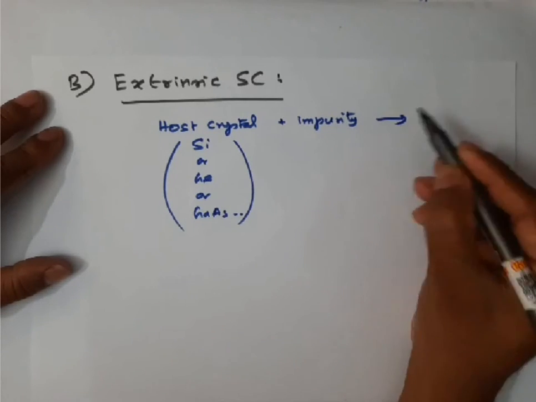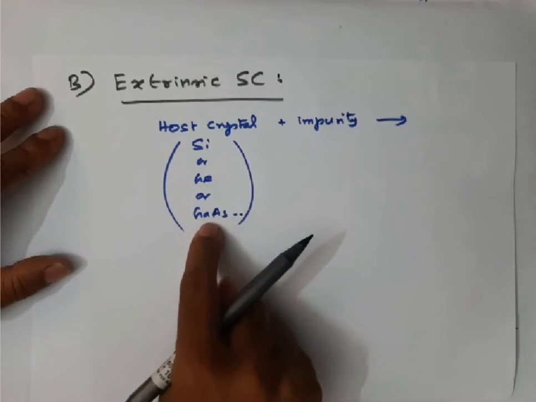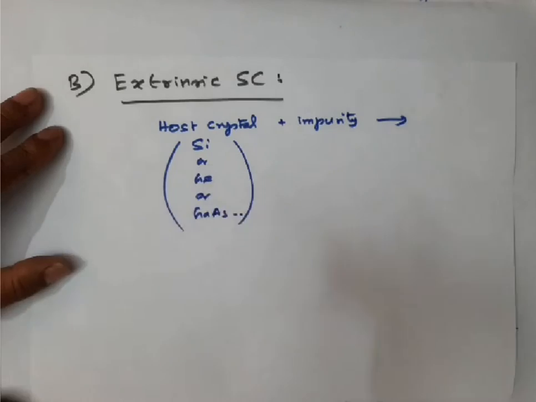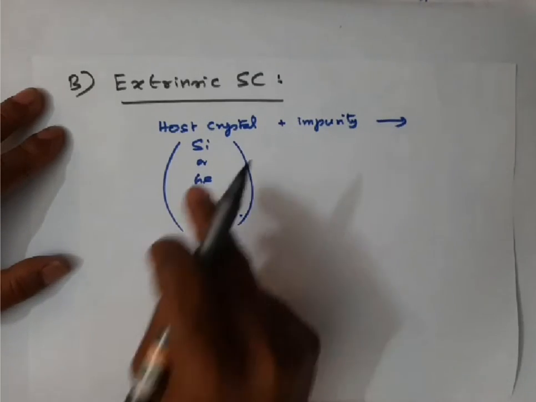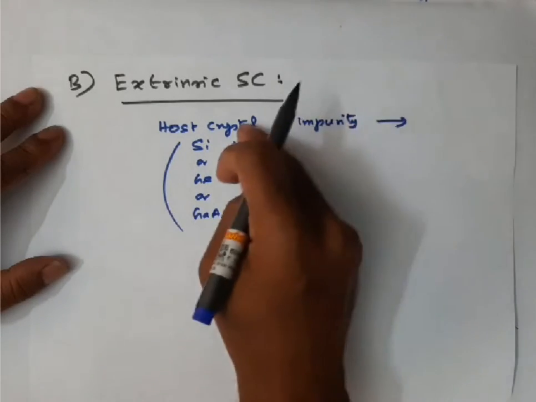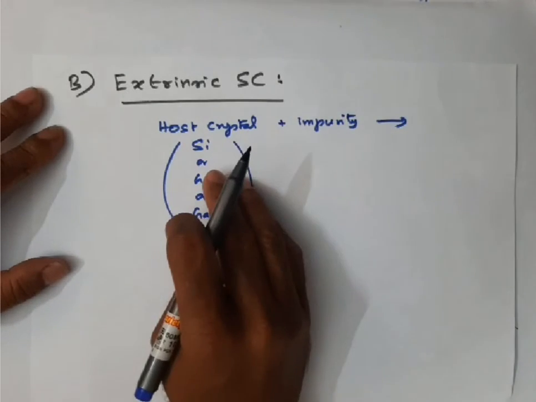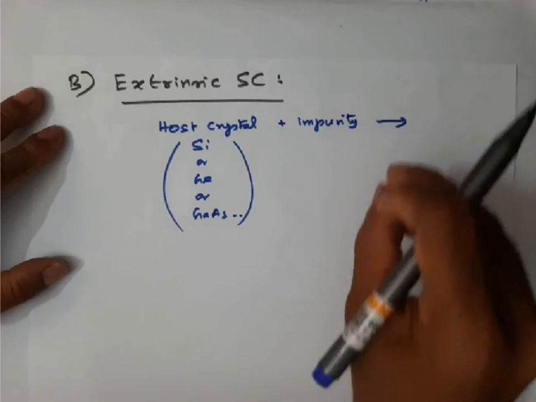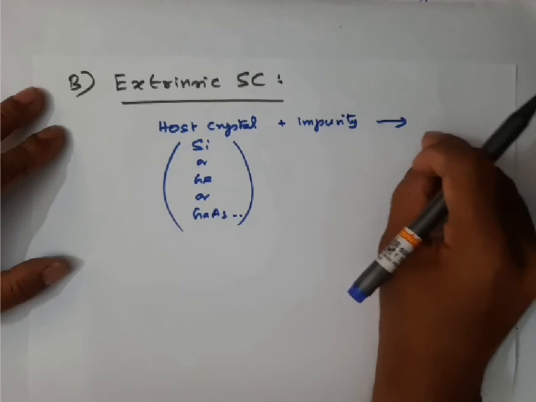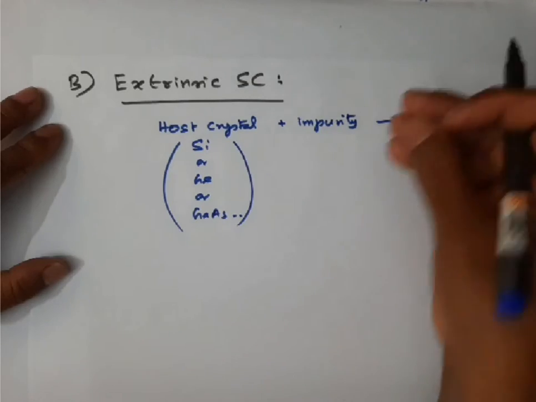Silicon, germanium, gallium arsenide are already semiconductors. They are all intrinsic semiconductors. But because of the addition of this impurity, you will get a new material having some impurity. That new material shows high conductivity.